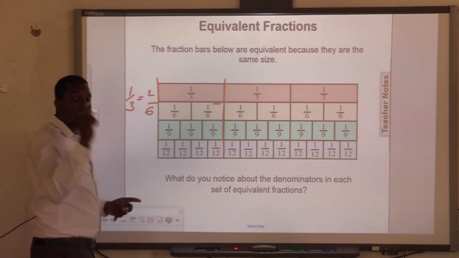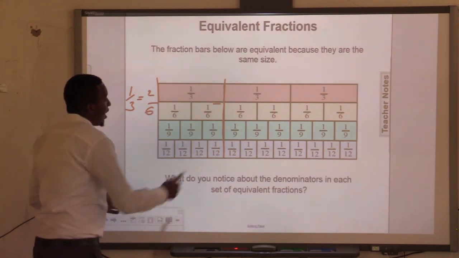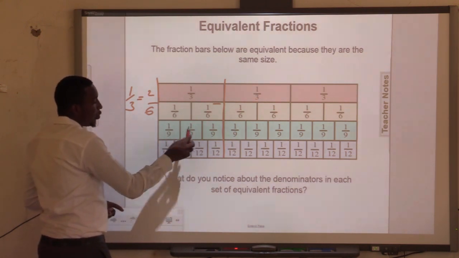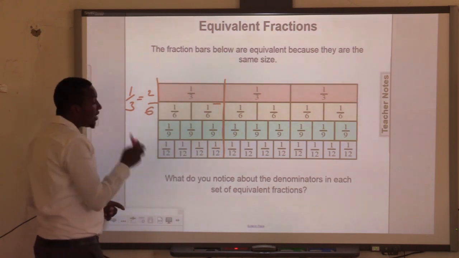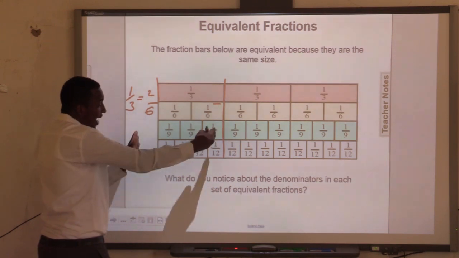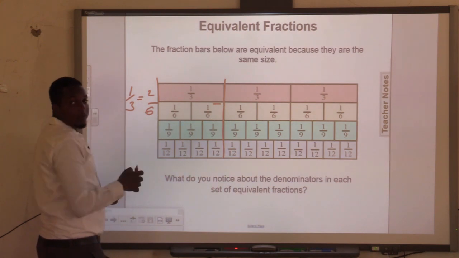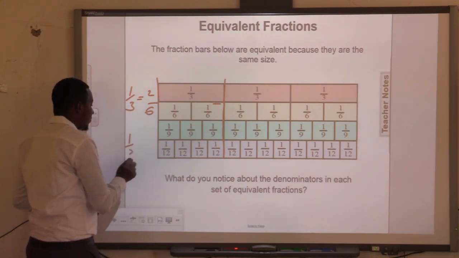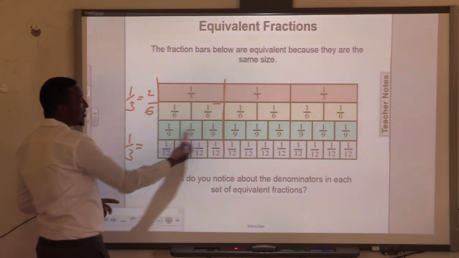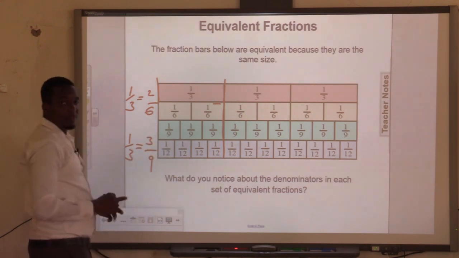That is the whole that is divided into 3 equal parts. As you can see, we have 1, 2, 3. We have 3 equal parts out of the 9 equal parts that you can add together to give you 1/3. So 1/3 is equivalent to 3/9.